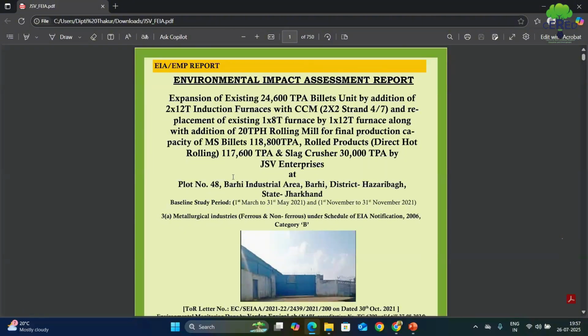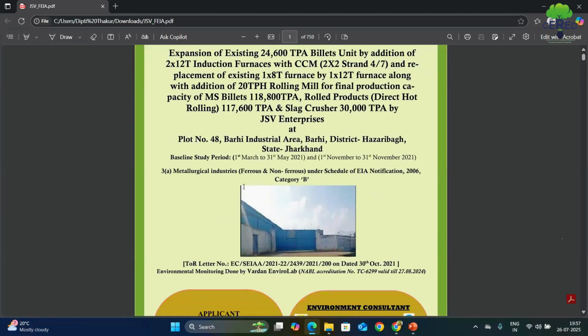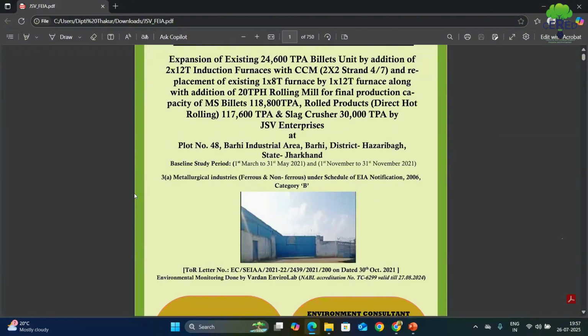This is an EIA report based on the 2006 notification. As you see, this falls under sector 3A, metallurgical industries, ferrous and non-ferrous, under the schedule of EIA notification 2006, category B project.